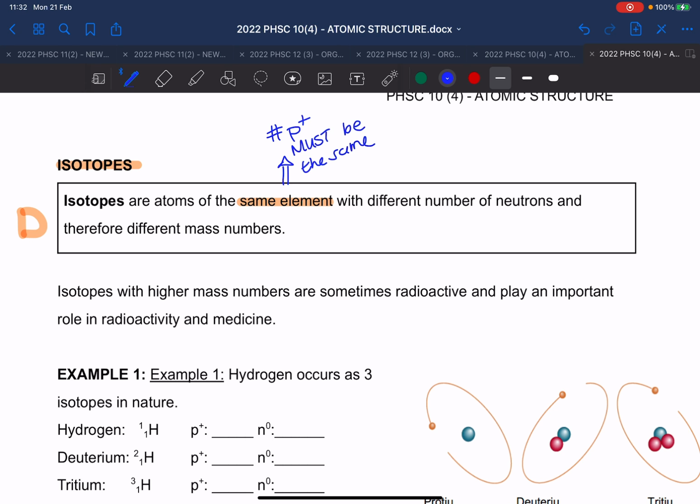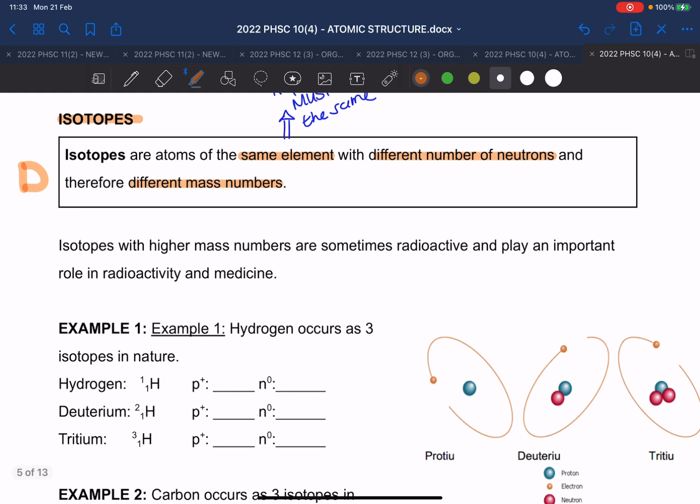Okay, so the same element, but with different number of neutrons. So the neutrons do differ. Not the electrons, not the protons, the neutrons. And because the neutrons differ, their mass also differs, because we know the neutrons determine the mass.